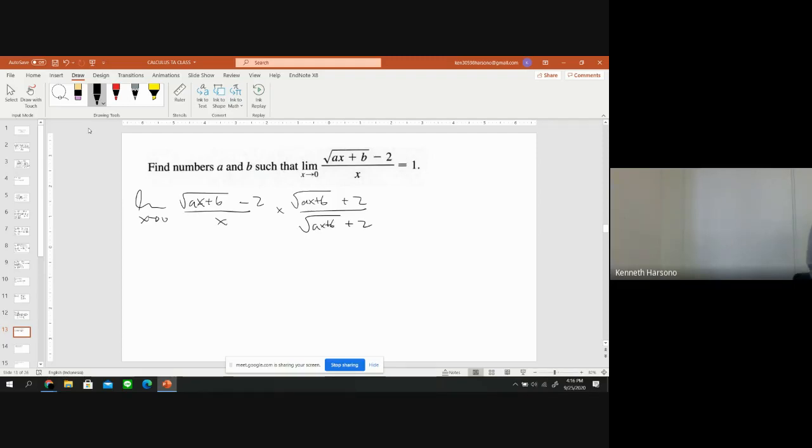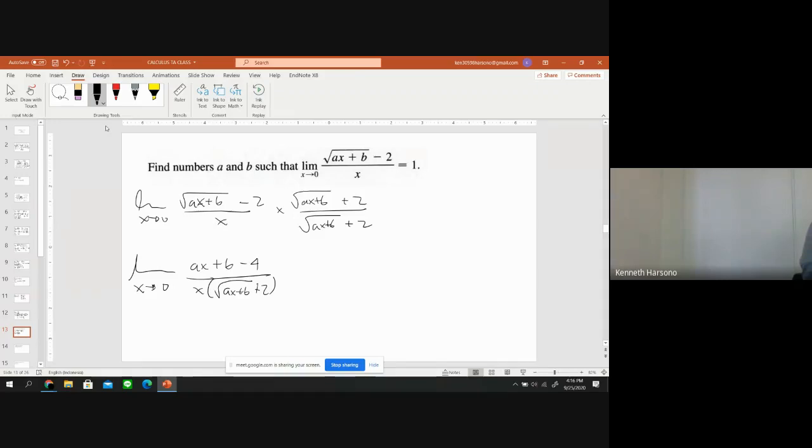So this becomes x plus b minus 4 over x times the square root of x plus b plus 2.